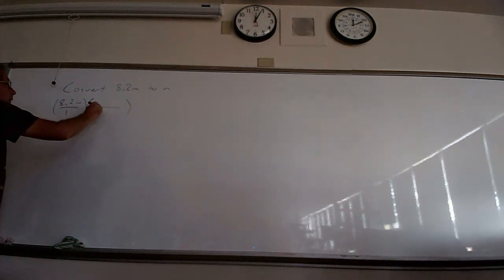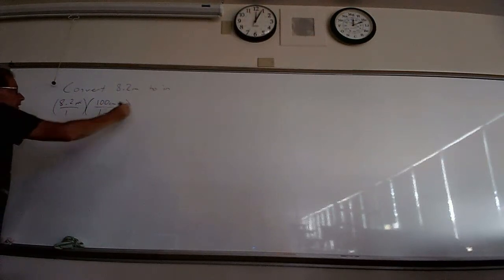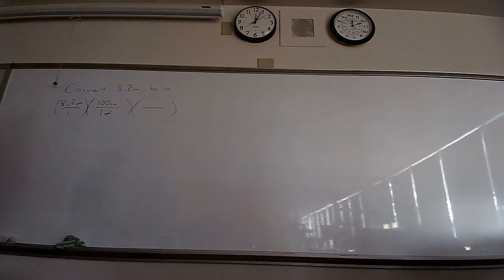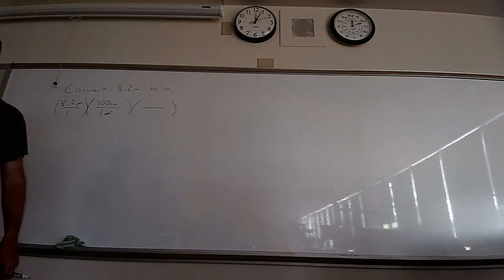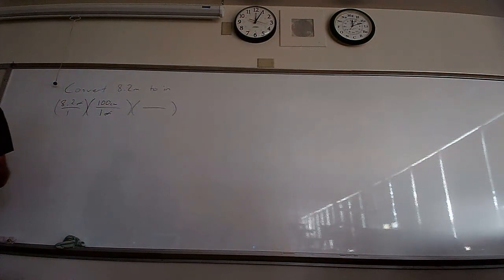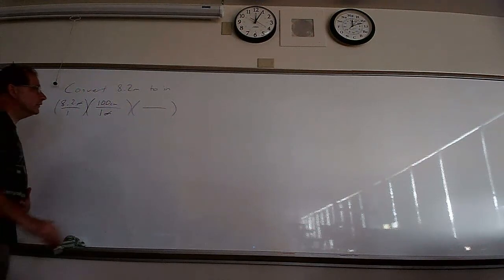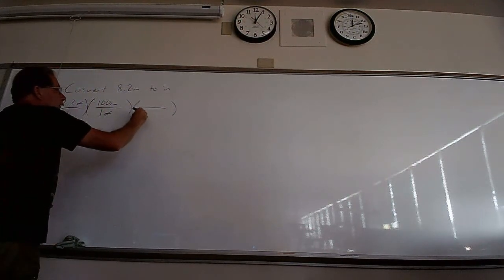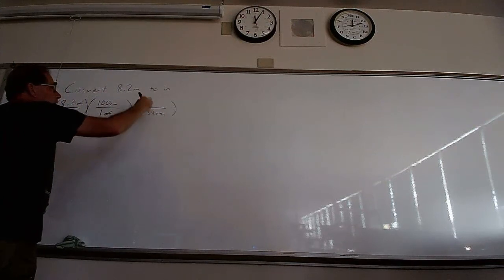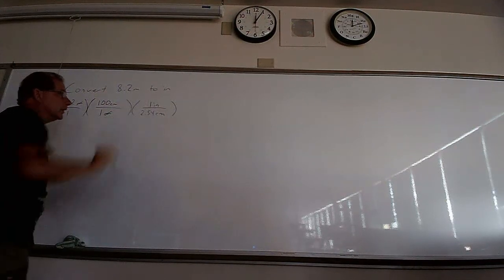So I'm going to write 1 meter here, 100 centimeters on the top, meters cancel, and then I'm going to use my conversion factor: 1 inch equals 2.54 centimeters. I gave this to you for the test and the final that you took in the past, so I would give it to you again as well. I want centimeters to cancel, so I'm going to write down 2.54 centimeters, because 2.54 centimeters is the same length as 1 inch.